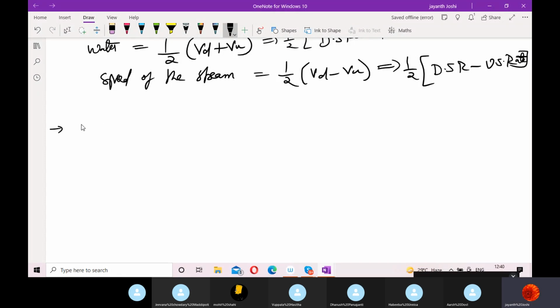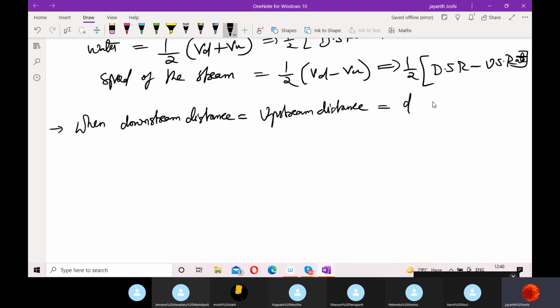See, sometimes you may get a case where downstream distance is equal to upstream distance is equal to d. So that means downstream distance is, suppose, 50 kilometers, upstream distance also 50 kilometers, for example.